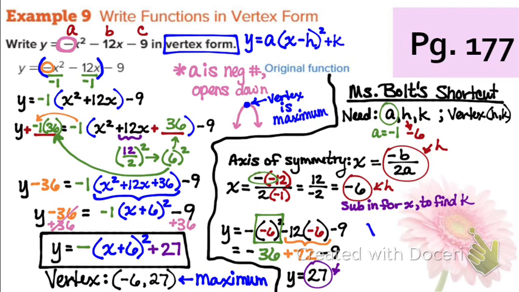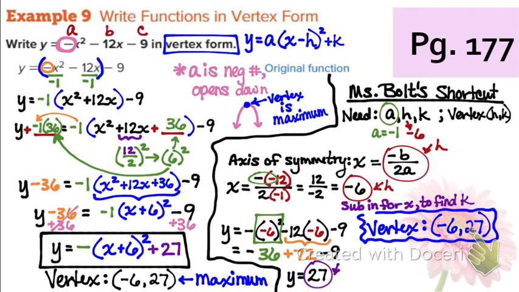So where is my vertex? Negative 6, positive 27. Is that the same vertex that we got doing it the other way? Now, how do I take that and write it in vertex form? It is not in vertex form yet.